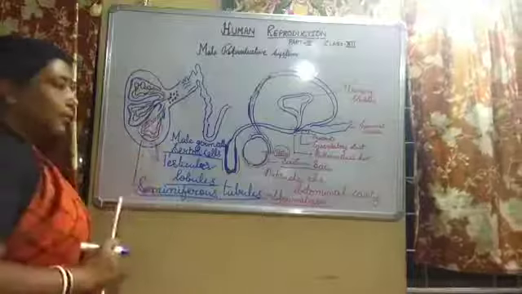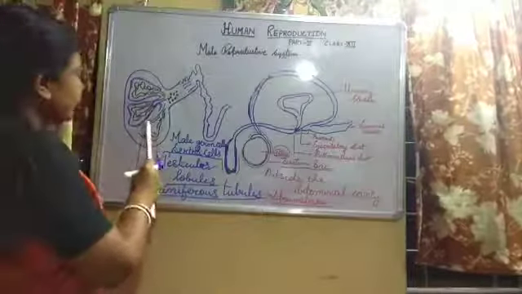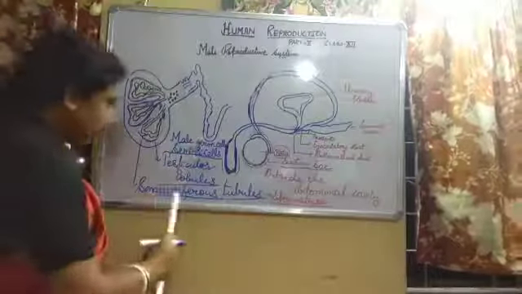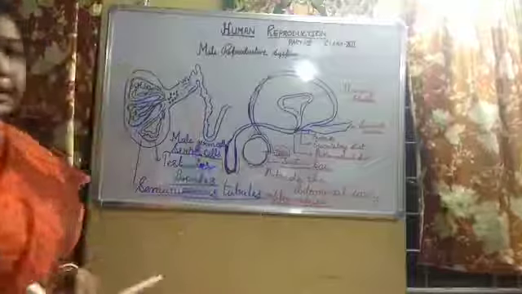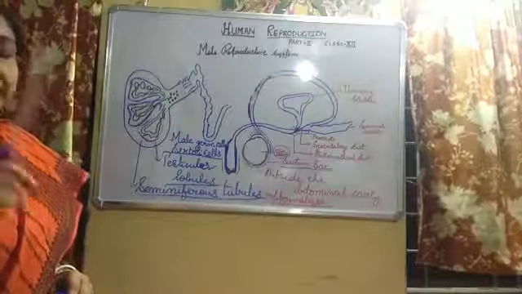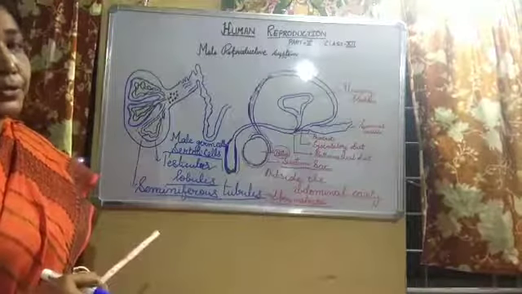Inside these you will find 2 to 3 coil structures, known as seminiferous tubules. And seminiferous tubule is the site where the spermatozoa are produced.